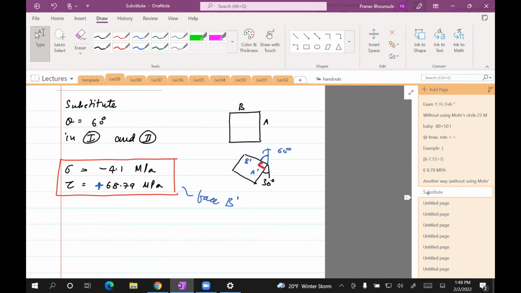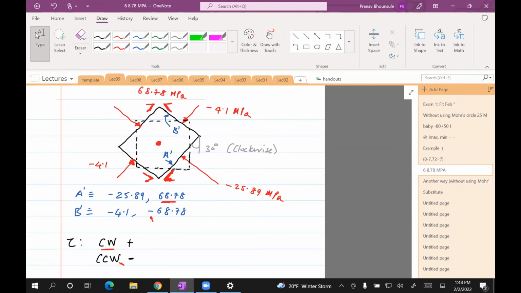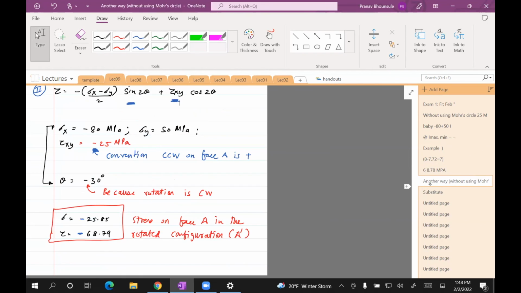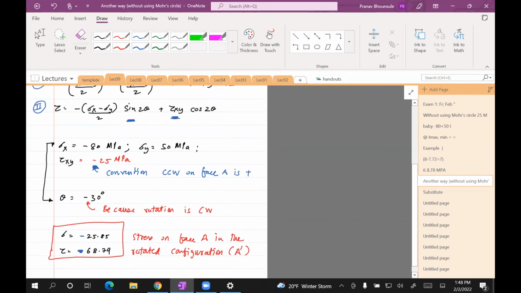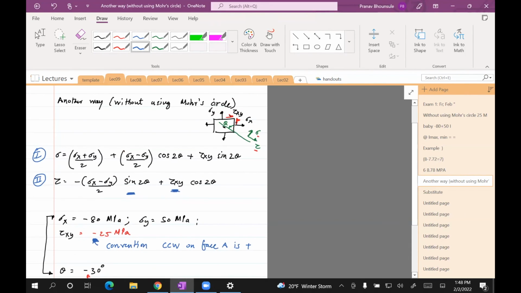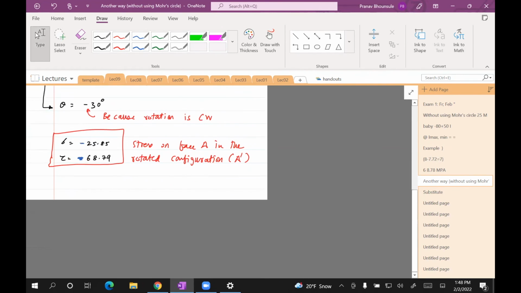Okay, but the answer which you get for the stress element in terms of stresses, which I drew over here, will be the same. So, for example, in this case, the stress was negative 68.79, right? By our convention, which I drew here, this way is positive. So what this is saying is, I can quickly draw this here. In the rotated configuration, this is negative, and negative is clockwise, so it should be like this.